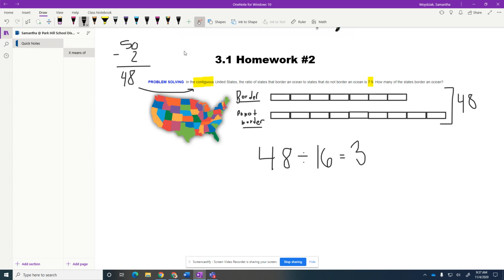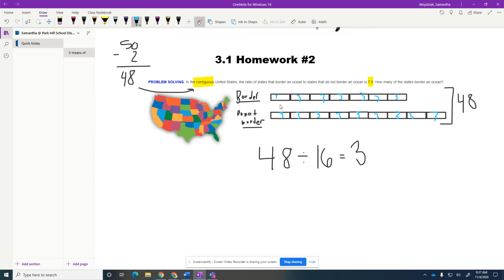And we find that each of these pieces here is worth 3. Every single one. So if I fill all of these in with 3, then that will tell us how many of each state there are.